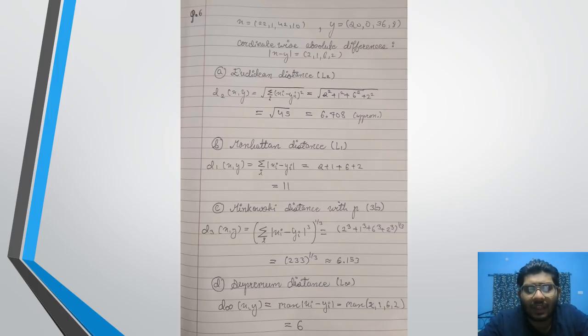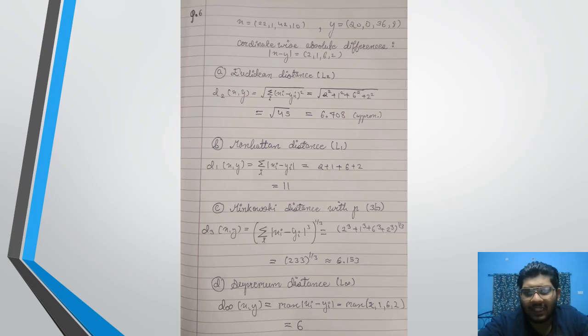Euclidean distance L2, d2(x,y), is the square root of the sum of (xi minus yi) squared, which is the square root of 2 squared plus 1 squared plus 6 squared plus 2 squared, which is the square root of 45, approximately 6.708. The second one is Manhattan distance L1, d1(x,y), which is the sum of |xi minus yi|, which is 2 plus 1 plus 6 plus 2, which is 11. So the Manhattan distance is 11.